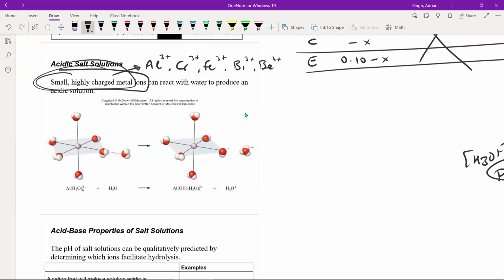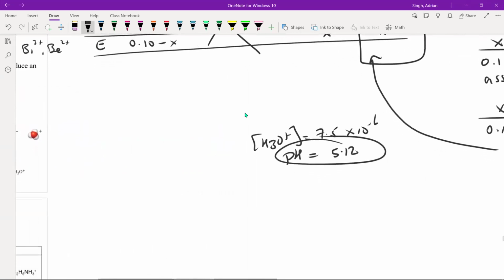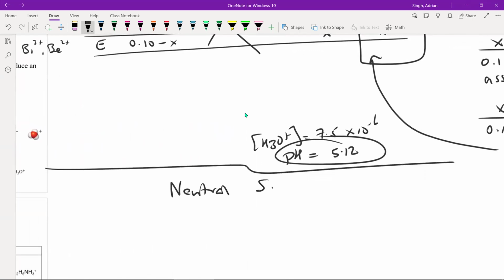So we've seen examples of basic salt solutions and acidic salt solutions. What about neutral salt solutions? We've just seen that the small, highly charged metal ions can lead to the formation of acidic salt solutions.